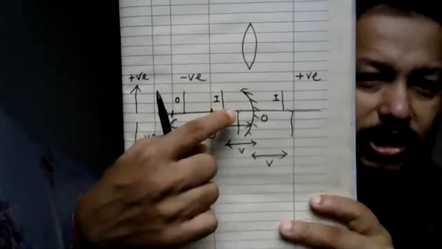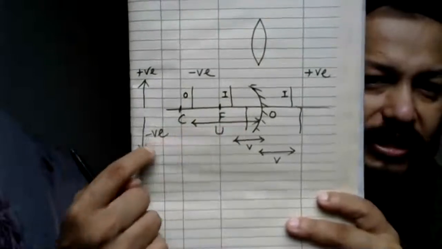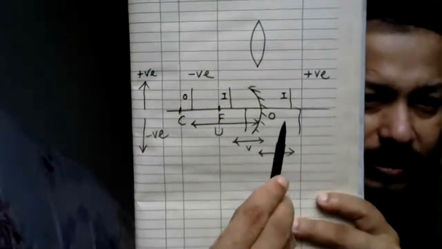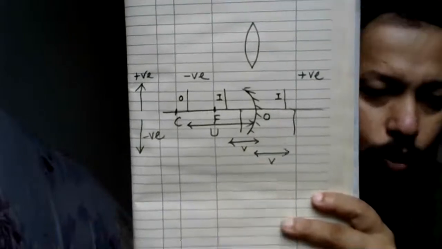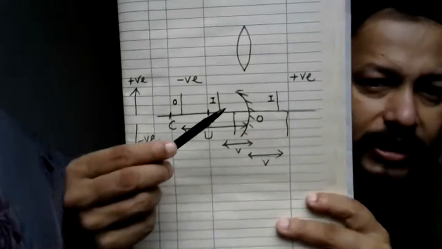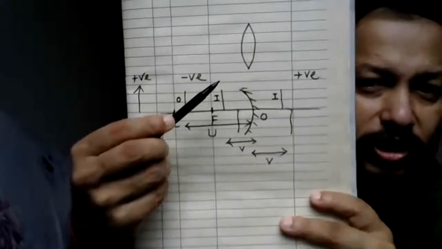See here, the image is forming this way, so this is positive, and this way is negative. What is this image called? Can you answer me?